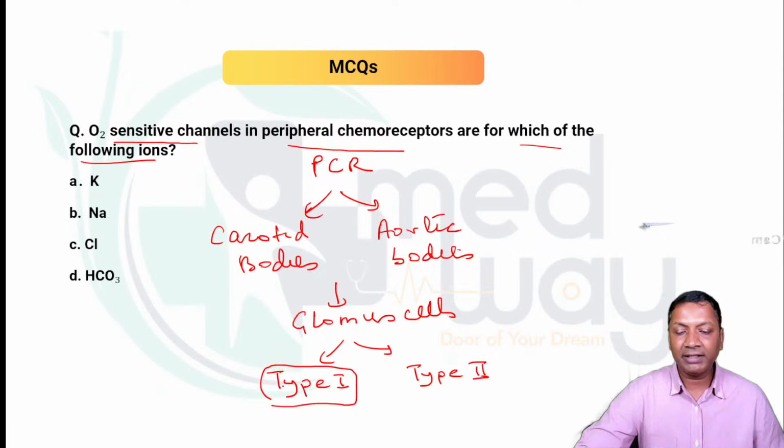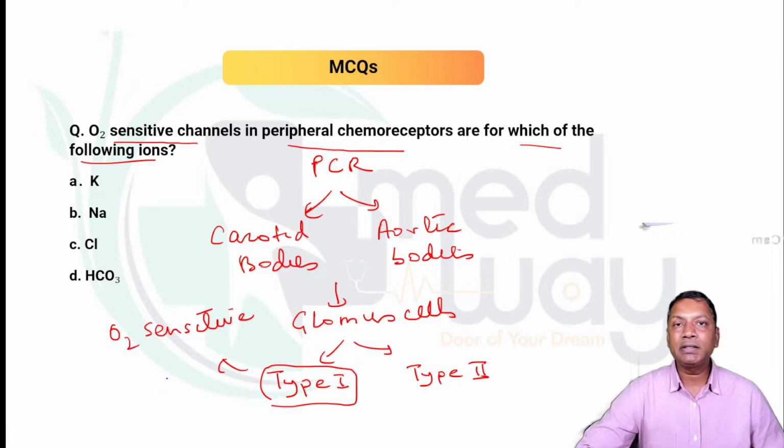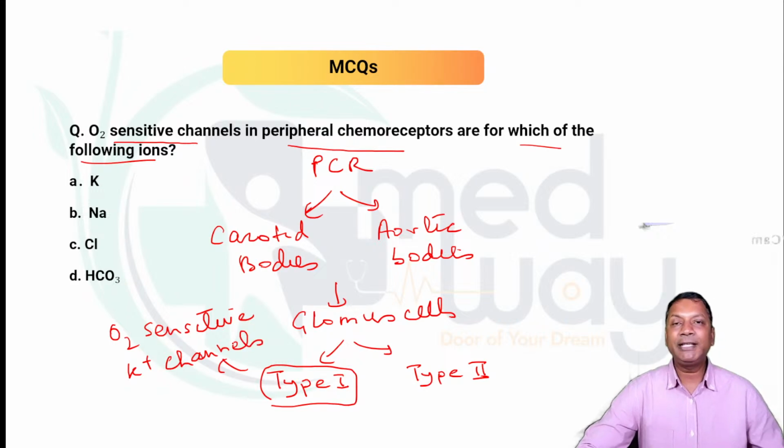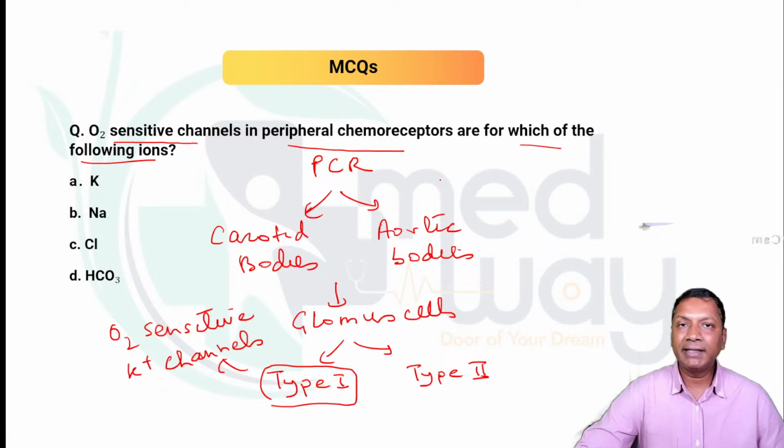Type 1 glomus cells have the oxygen sensitive potassium channels. Since these potassium channels are sensitive to oxygen, they will respond to hypoxia.